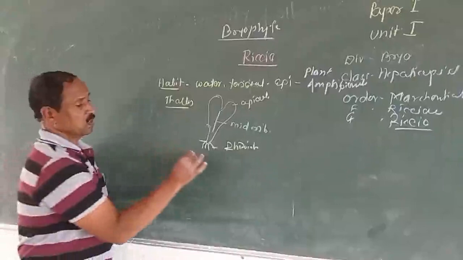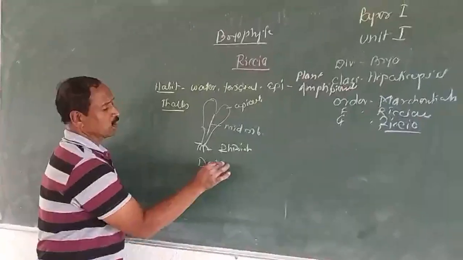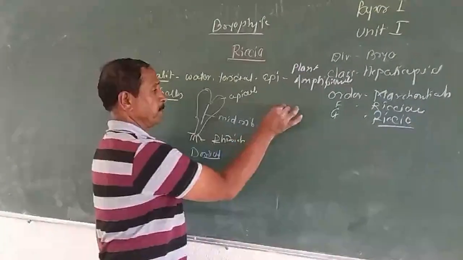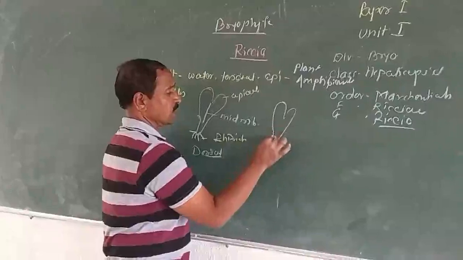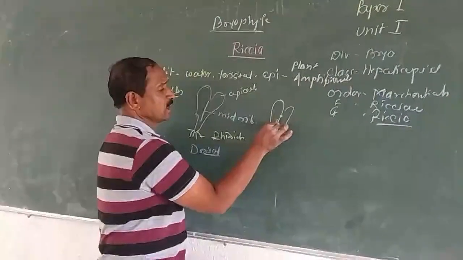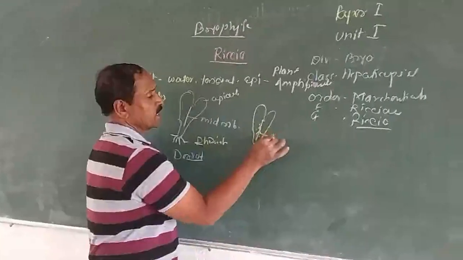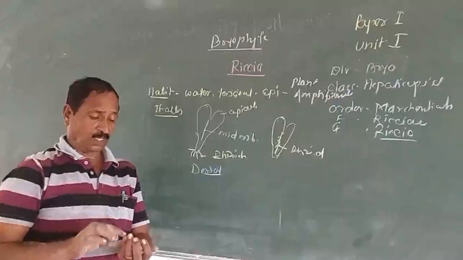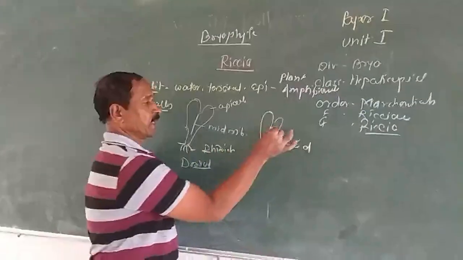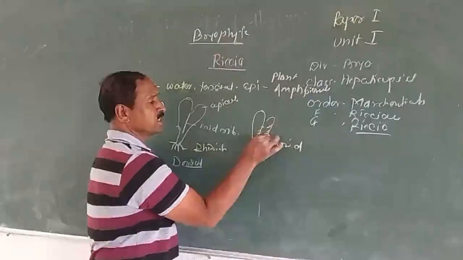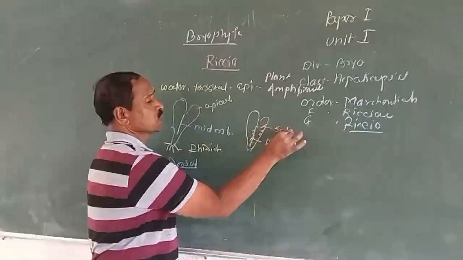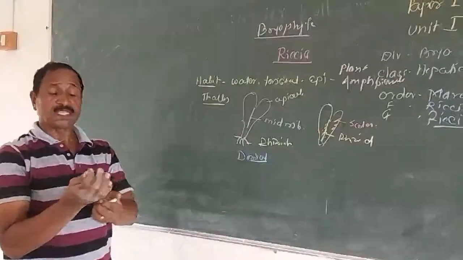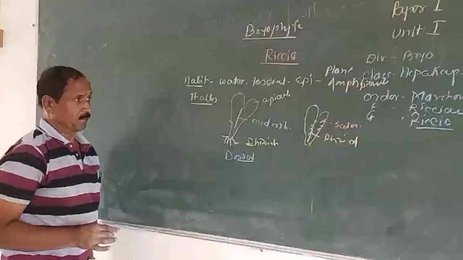Here it is the posterior end or dorsal surface. On the ventral surface of the Riccia, it shows the structure, that is at center there are rhizoids which are used for absorbing water from the surface, and at the margin there are presence of scales. So this is the morphological structure of the Riccia.